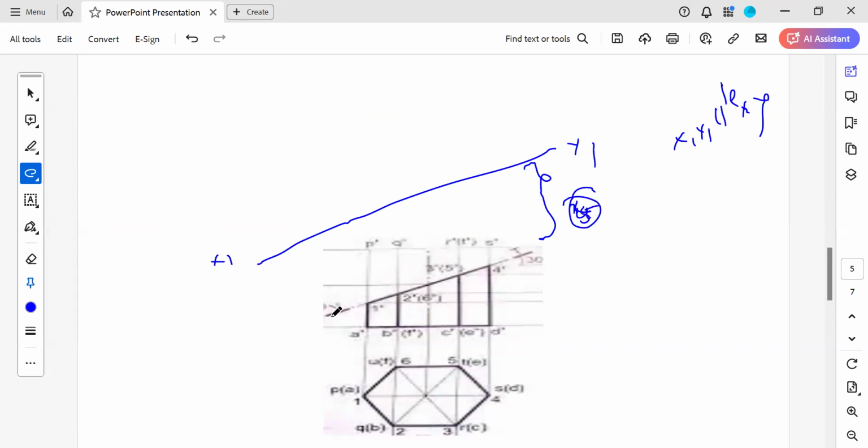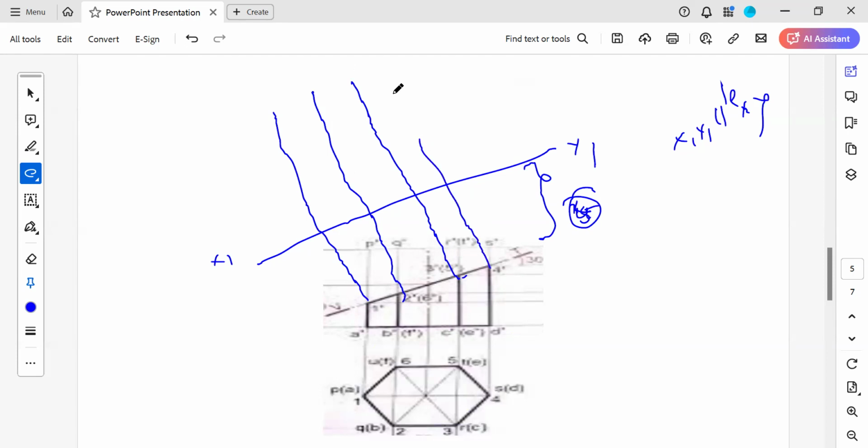So perpendicular to x1 y1 line, you draw projectors from each point. This is the projector from 1, this is the projector from 2 and 6, this is the projector from the center axis, this is the projector from 3 and 5, and this is the projector from 4.